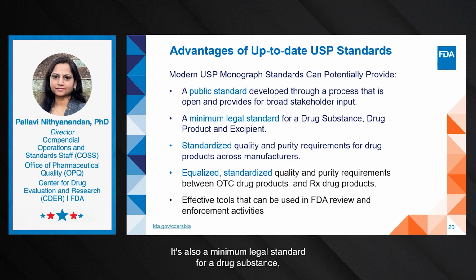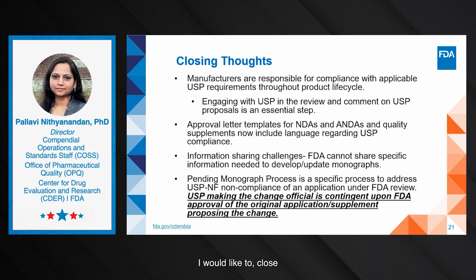It's also a minimum legal standard for a drug substance, drug product, and excipient, and which provides standardized quality and purity requirements for drug products across manufacturers and equalized standardized quality and purity requirements between over-the-counter drug products and prescription drug products. And as far as FDA is concerned, they are effective tools that can be used in FDA review and enforcement activities.